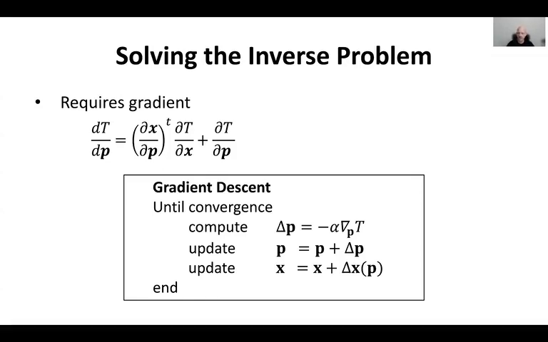So simply said, but this is actually something that's not so easy. In general, we would probably want to apply line search in each iteration to find a step size that works. But once we have found that update delta p, we apply it to our current parameters, and then we also use the new parameters to update our equilibrium state x by setting it to x plus delta x.